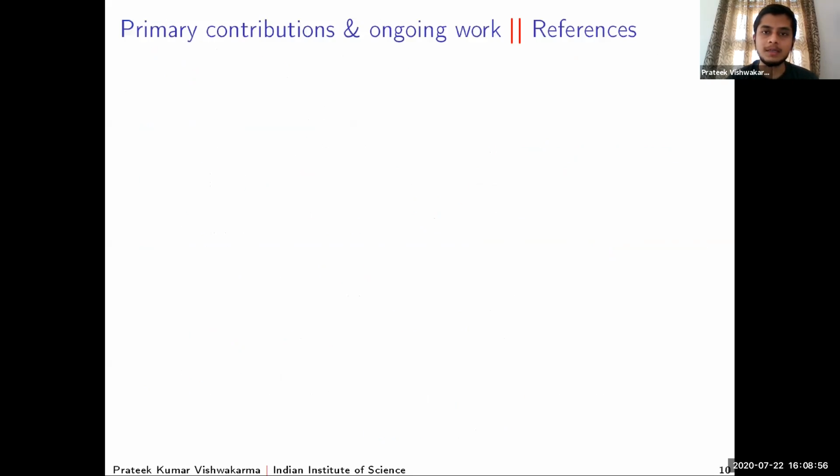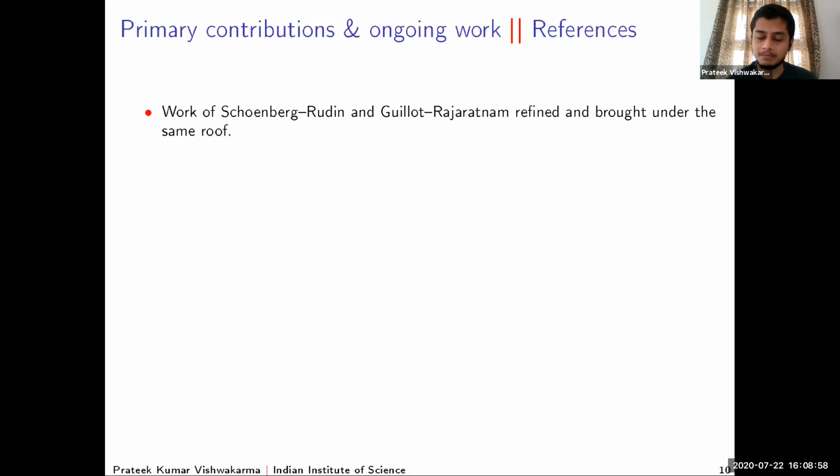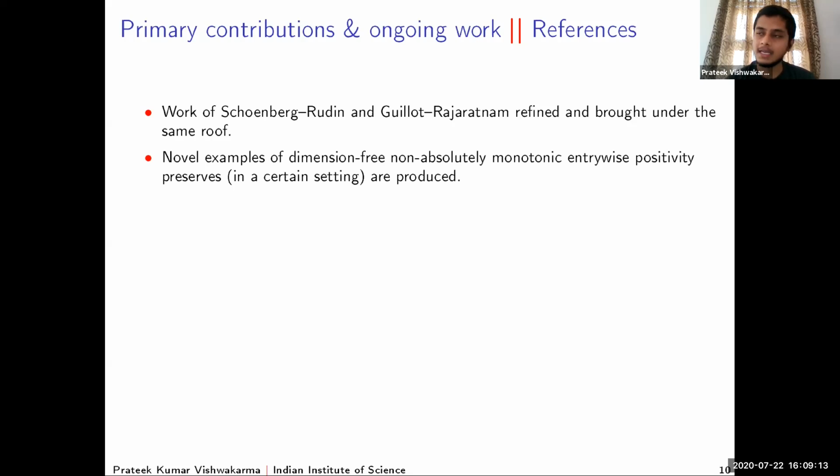Having seen this classification, we observe that it has brought the classical result of Schoenberg-Rudin and the modern result of Guillot-Rajaratnam under the same framework. This classification has also yielded the first examples of dimension-free, non-absolutely monotonic entry-wise positivity preservers.